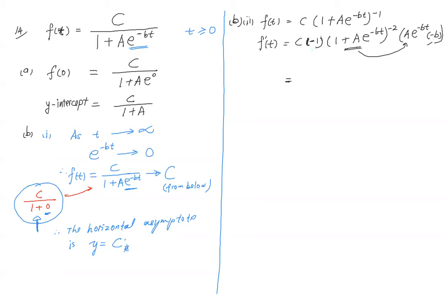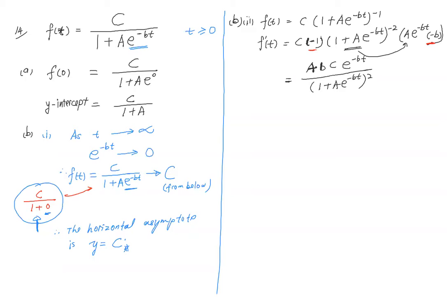So you have to be careful. Negative, negative. Okay, so the top part will be A, B, C, e to the power -bt divided by (1 plus A e to the power -bt) squared.